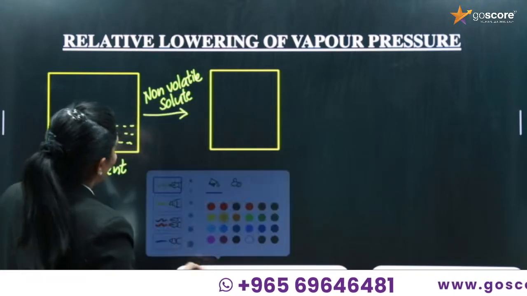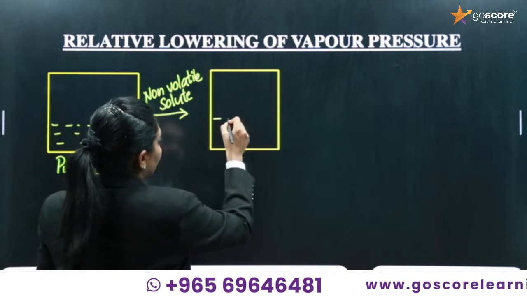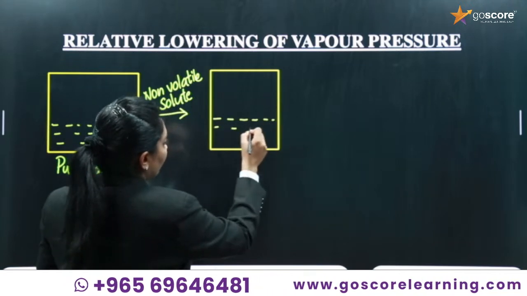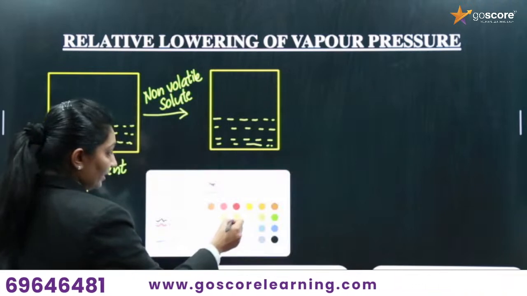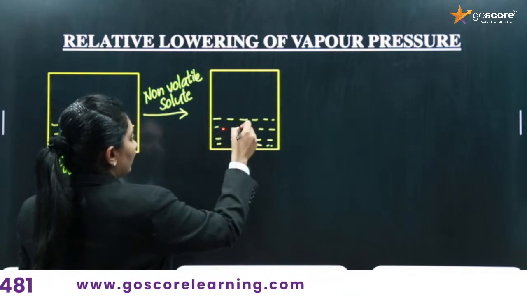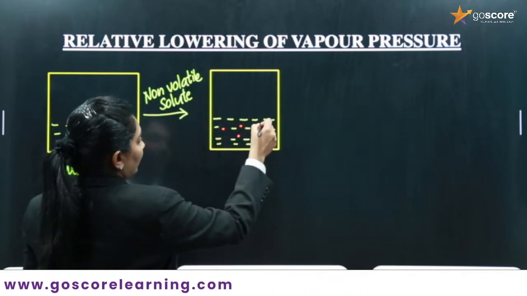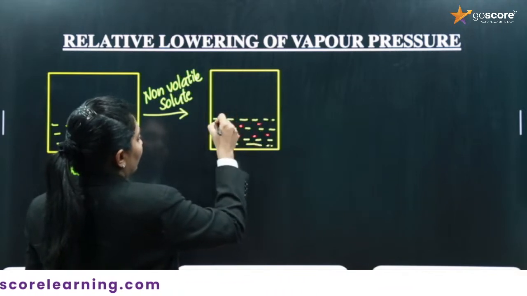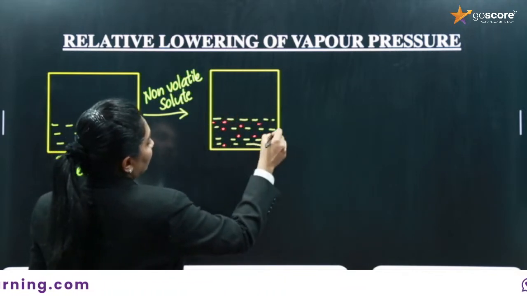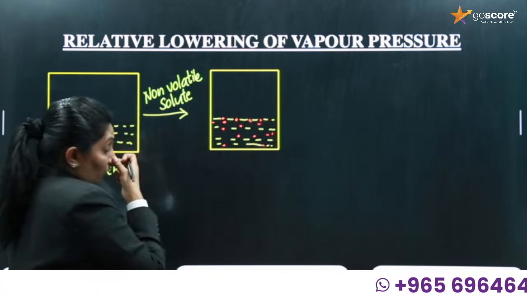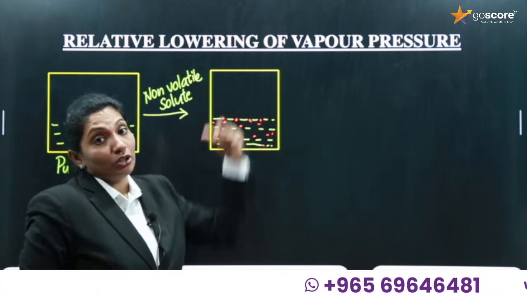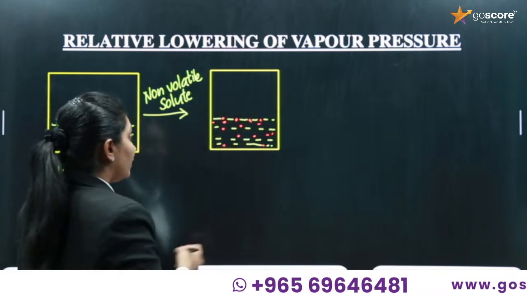In this, you are adding a non-volatile solute to our solvent, to form the solution. The solute hinders the formation of vapors of the solvent.